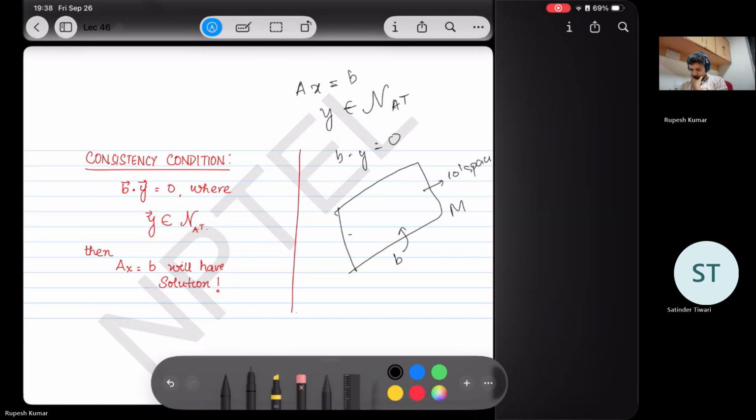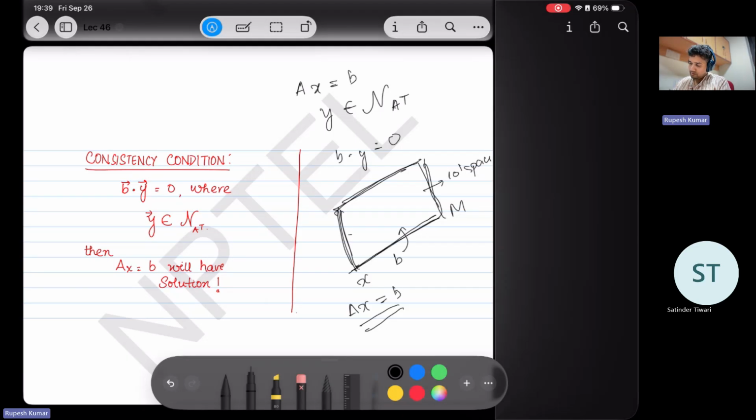Now let's say I have an input vector x, and I take the equation Ax equals b and try to solve it. If b lies in this space, then only do you have the solution.